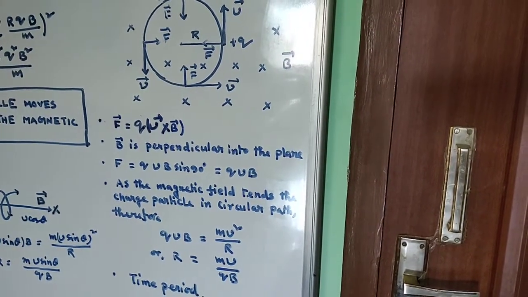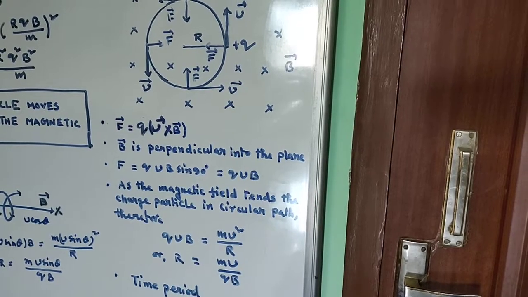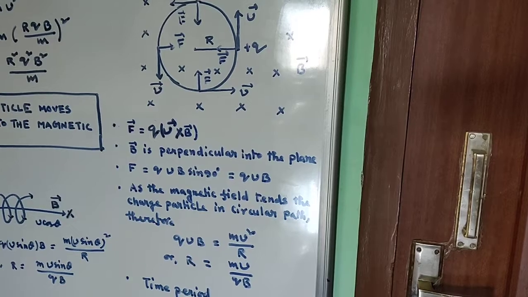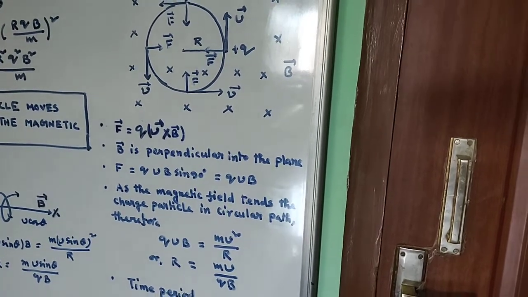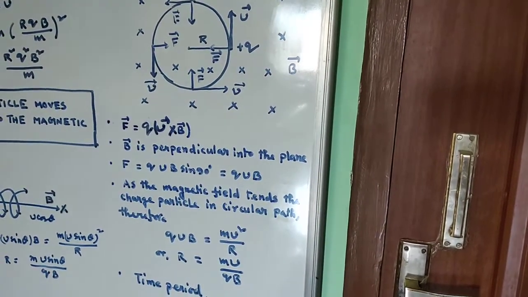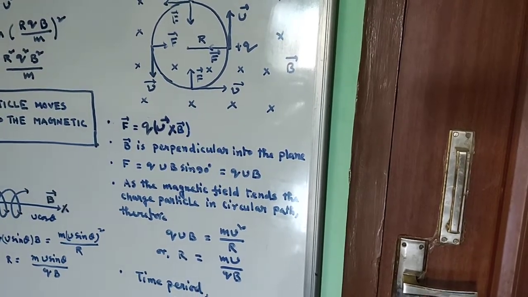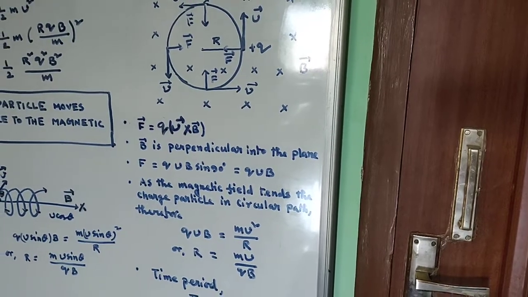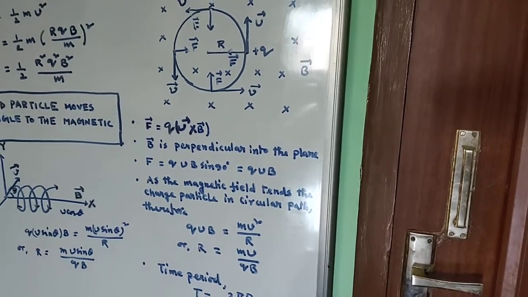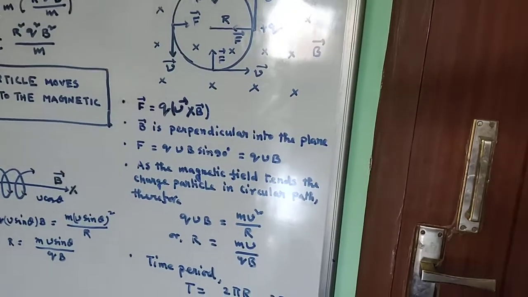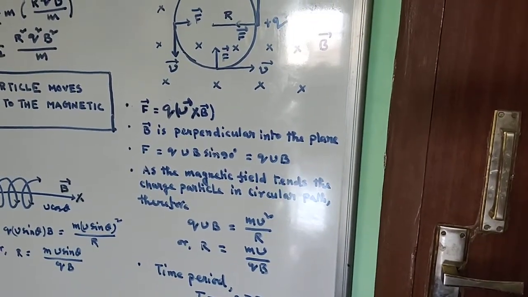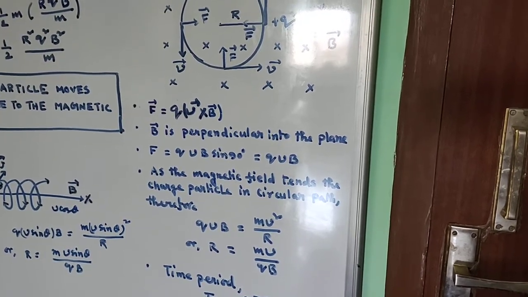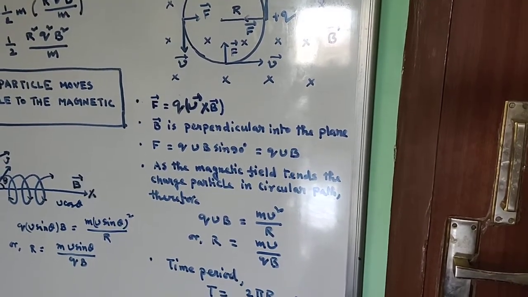If the mass is high and velocity is high, it will definitely impact the radius or the dimension of the path. Similarly, it affects the dimension of the path if the charge and magnetic field change. So the radius of the path described by the charged particle can be defined by this expression, R equal to mv by qB, and we have simplified this expression.